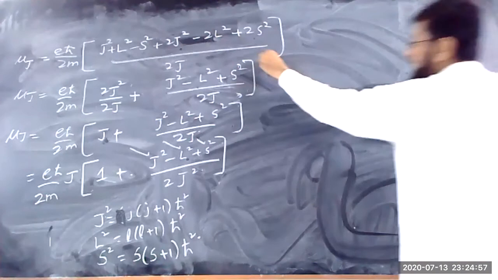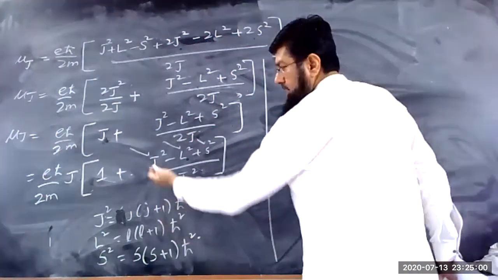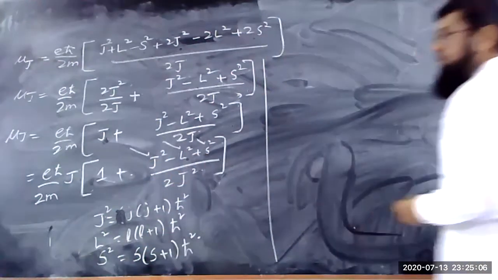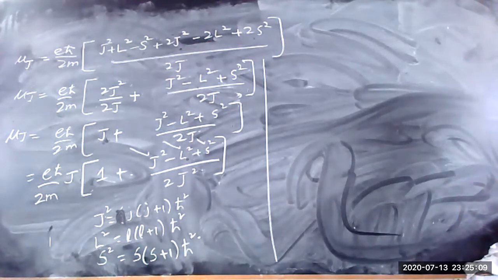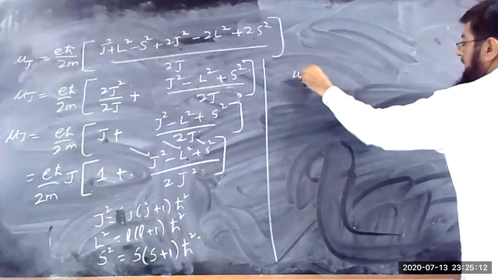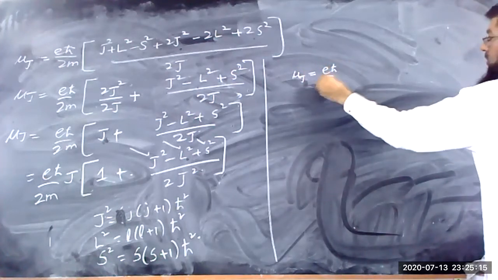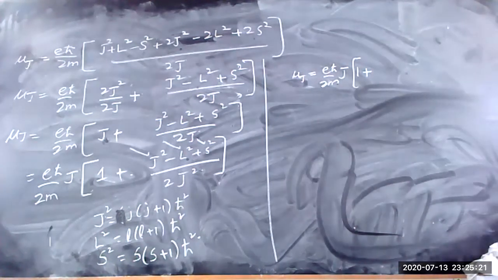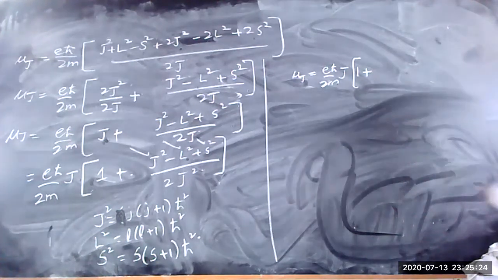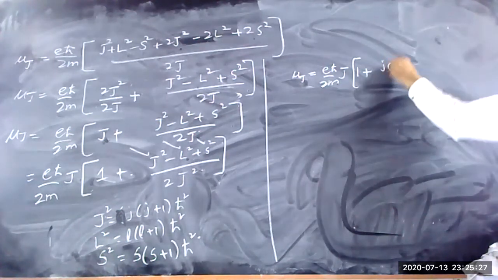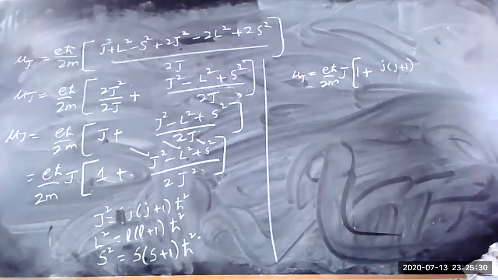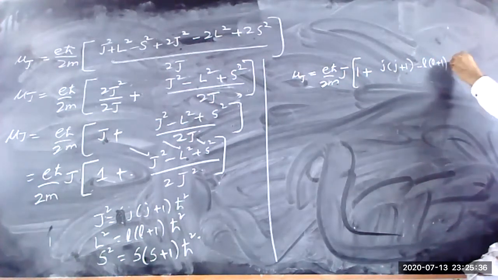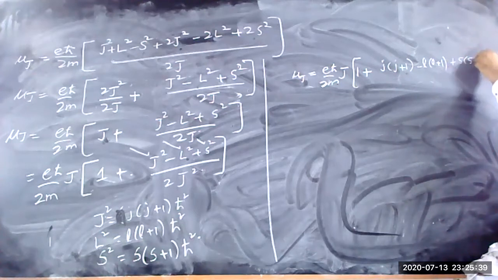Now when we plug in these values of J, L, and S into this equation, mu of J is equal to e h cut over 2m into J times 1 plus J into J plus 1 minus L into L plus 1 plus S into S plus 1.